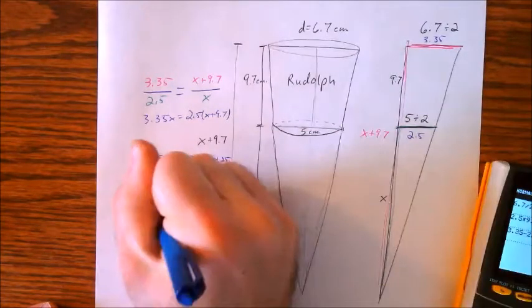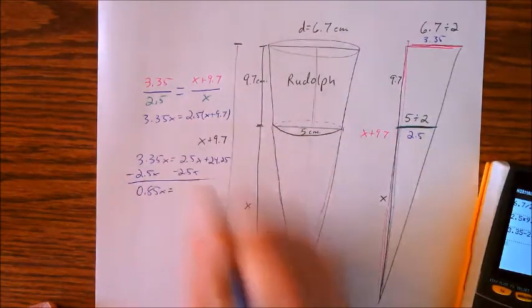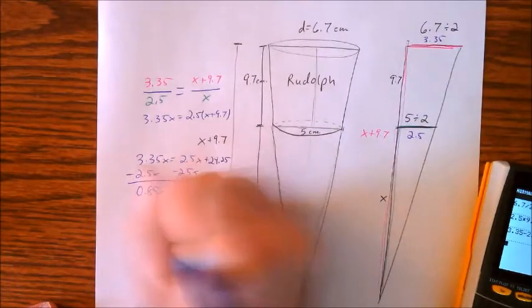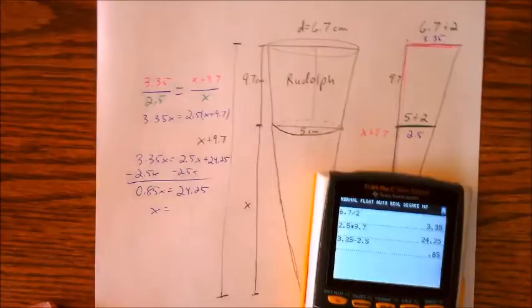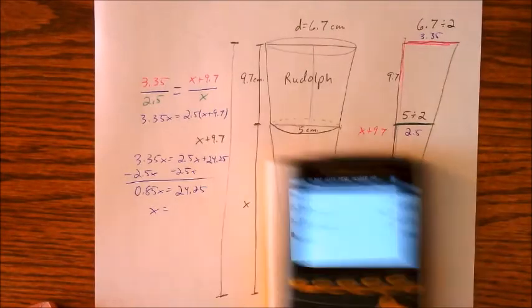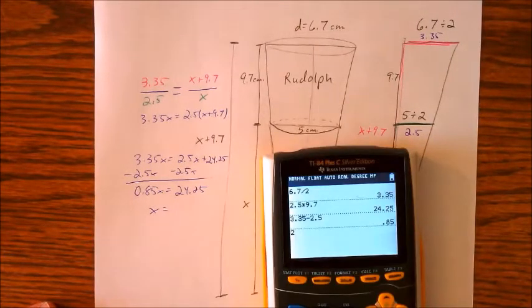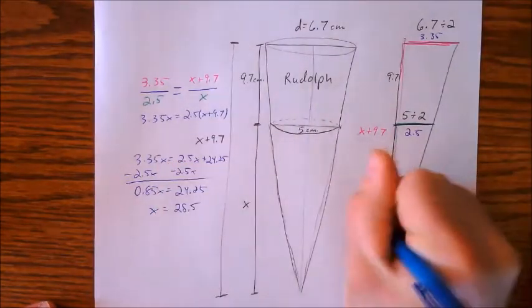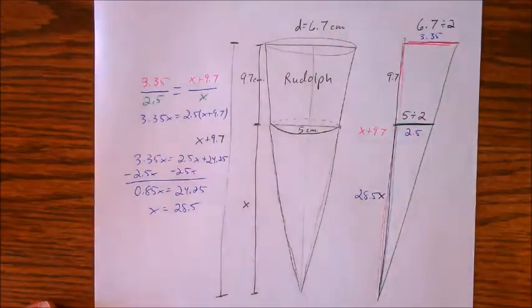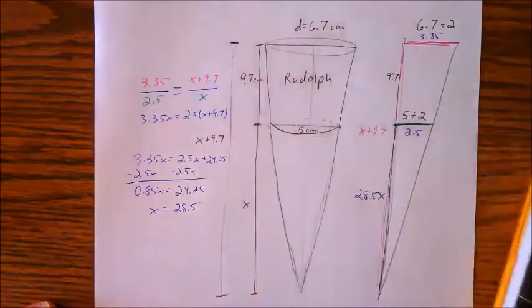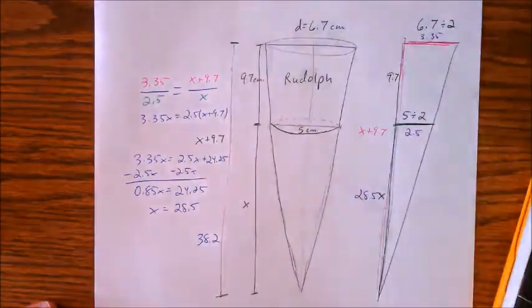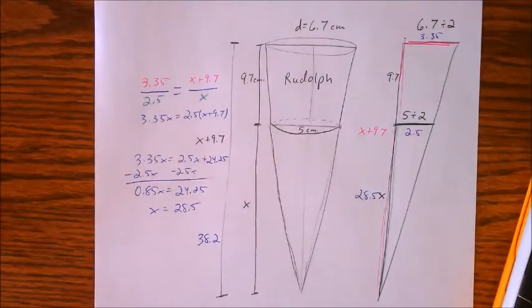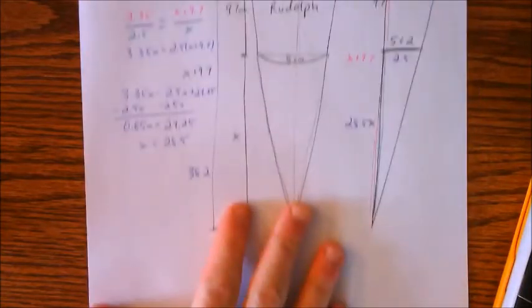So x is 24.25 divided by 0.85. Let's say about 28.5. If we take that and add 9.7, then we get that this whole thing is about 38.2.